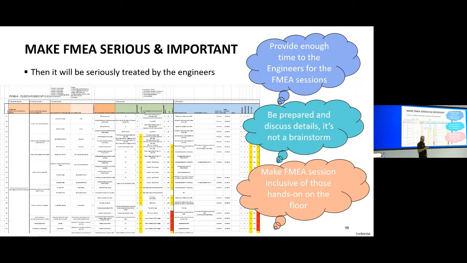People come together several times before it is completed. And also the point here is to make them inclusive of those who are actually doing the work. They know a lot more than your senior engineer. Very important. And I did make the slides before your talk.